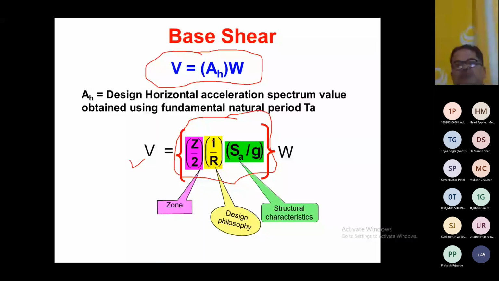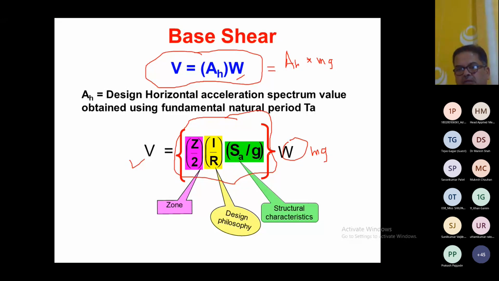Basically, you understand this part. This is the W, right? So we have a certain coefficient AH here, and multiplied by what? W means it is mass into acceleration, right? It is mass m into g, right? Now, if I put m into g instead of this W, then what is going to happen?